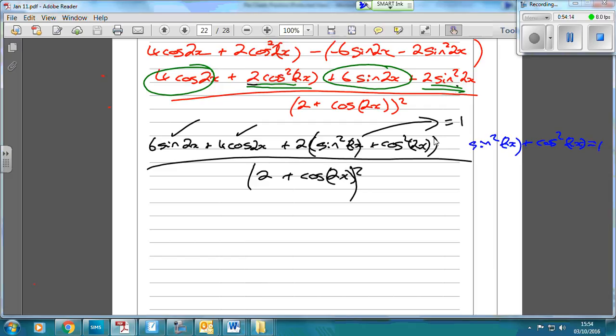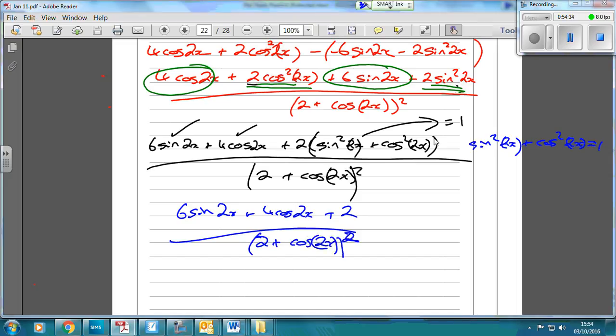Because it's a show that question, they're expecting you to be quite explicit with how you show it. So really put in every line of work. So then you end up with 6 sine 2x plus 4 cos 2x plus 2 all over 2 plus cos 2x squared. Job done.